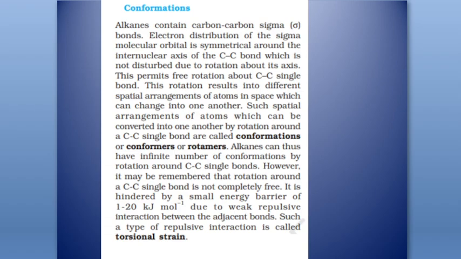However, it may be remembered that the rotation around the C-C single bond is not completely free. It is hindered by a small energy barrier of 1 to 20 kJ per mole due to weak repulsive interaction between the adjacent bonds. Such a type of repulsive interaction is called torsional strain.